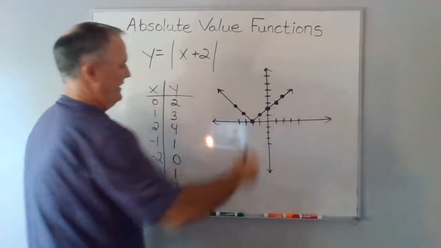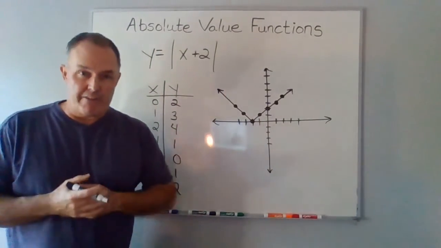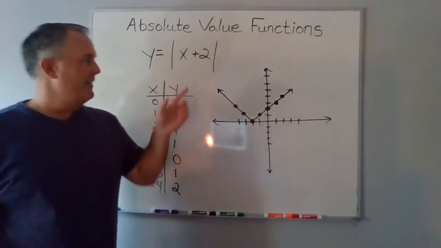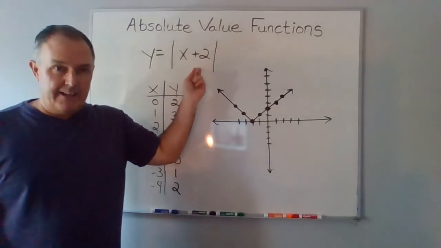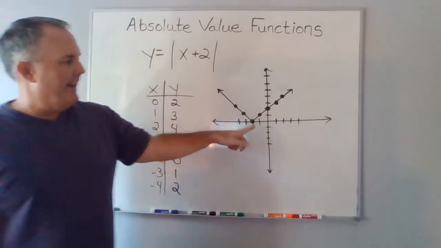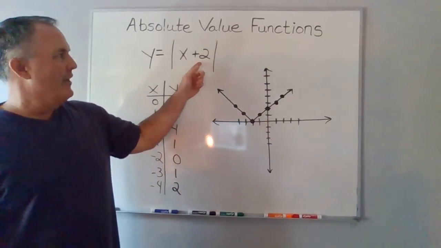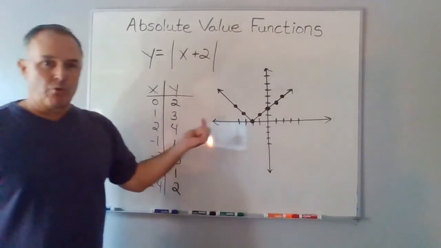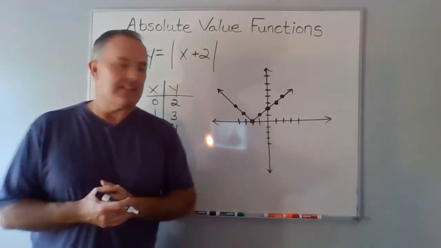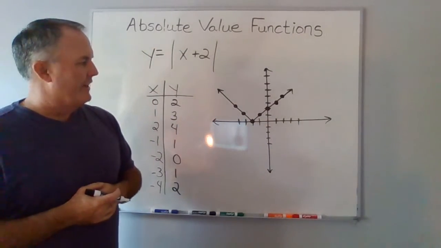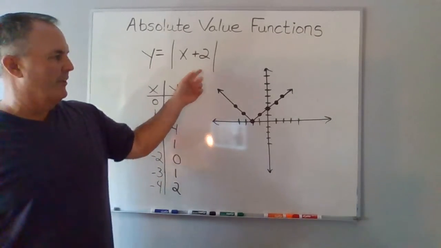So as you can see, we still have our V shape. But now, since I've added a number on the inside, it doesn't affect it going up and down on the y-axis. The number on the inside affects it going left or right on the x-axis. And if you notice, you might think, okay, it's plus 2.